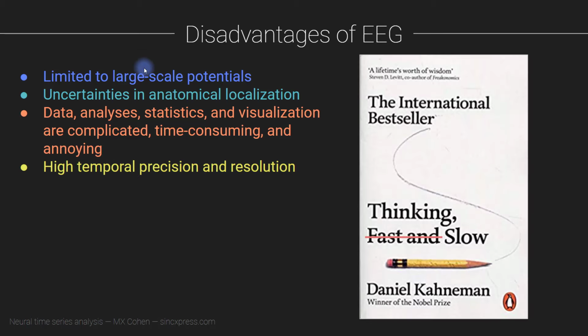And the final disadvantage of EEG that I will discuss here is actually also the flip side of EEG having really high temporal precision and high temporal resolution. Now, this can be good. This high temporal precision can be a good thing if you know exactly when something happened in the experiment.